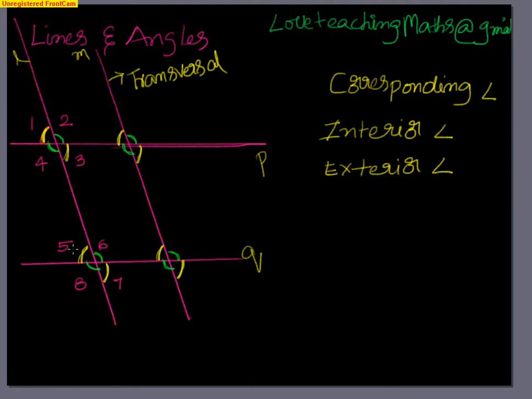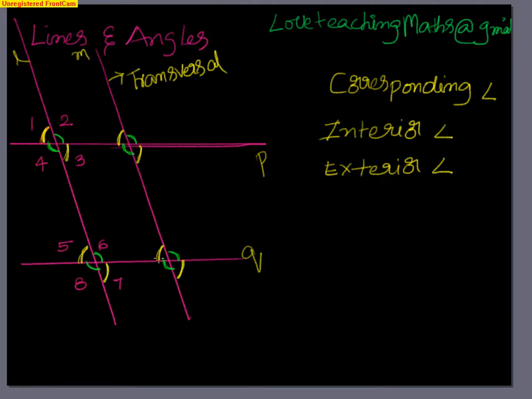Now this is a parallel line Q. What you have done is just raised this whole line to another position, but you haven't tilted it. You haven't changed the angle. You just moved it like this. So by looking at it, you can say that angles 1 and 5, 2 and 6, 4 and 8, 3 and 7 will be equal to each other, right?